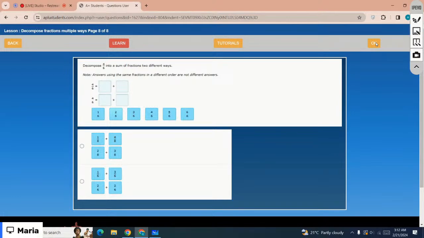The next one is decompose 4 over 8 into a sum of fractions two different ways. So which is the correct option?